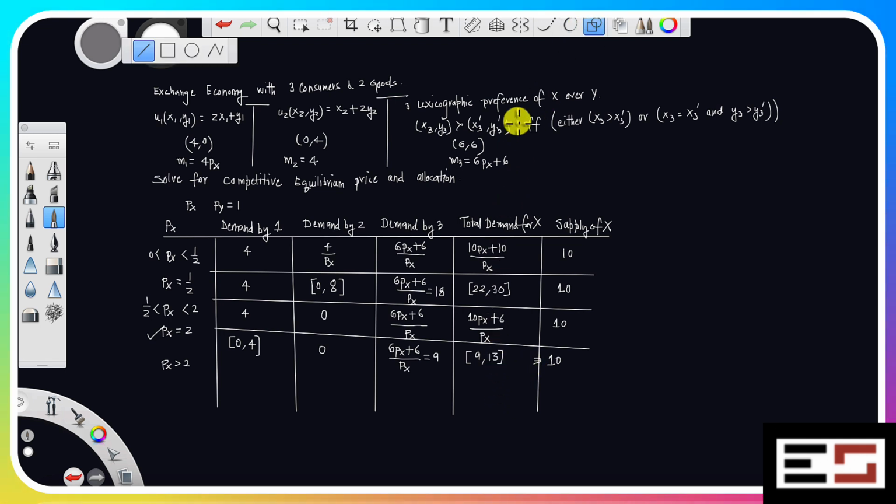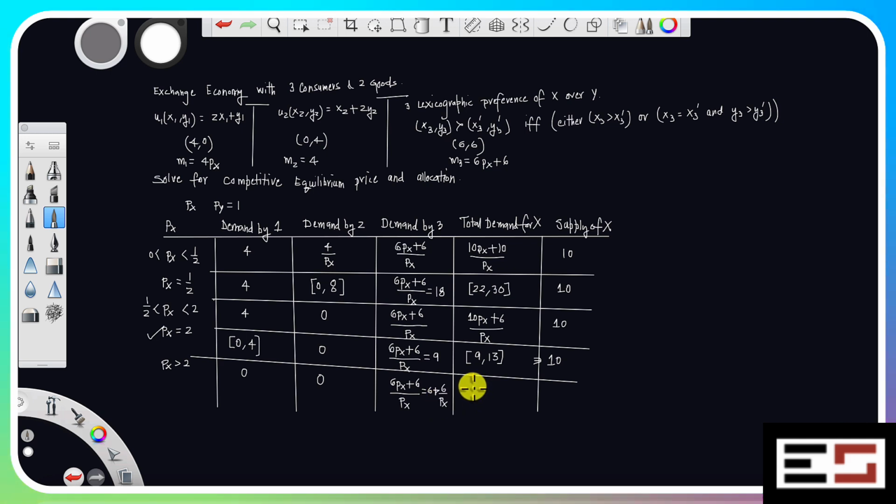Let us also check for px greater than 2, and then we'll write this allocation. So let us see if there is another competitive equilibrium or not. If px is greater than 2, then demand by 1 of commodity x will be 0, demand by 2 of commodity x will continue to be 0, and demand by 3 of commodity x will be 6px plus 6 by px, which is going to be 6 plus 6 by px.